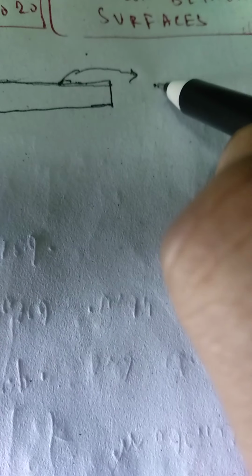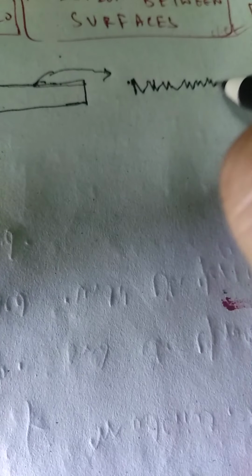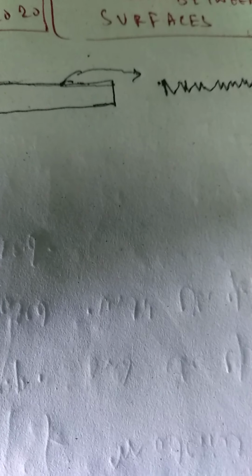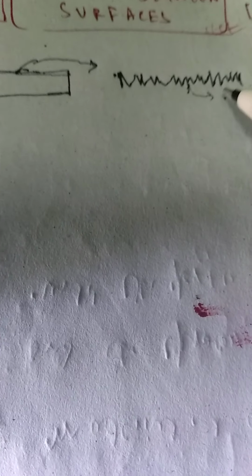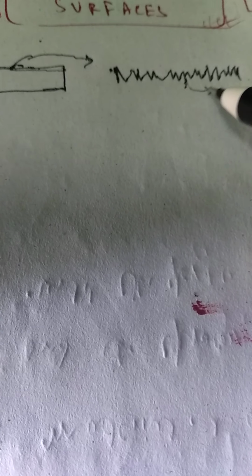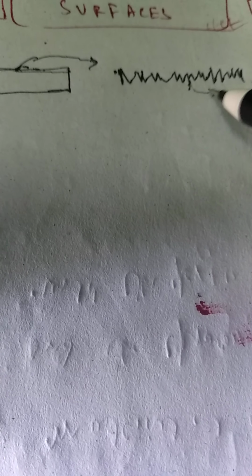But when we view it under a high resolution microscope, it appears like this. So these surfaces have roughness and some irregularities, which are not seen by the ordinary eye or by touch.